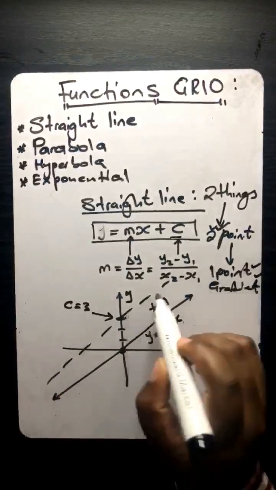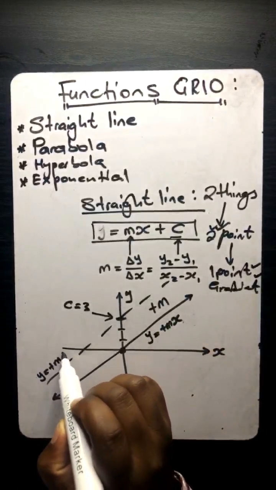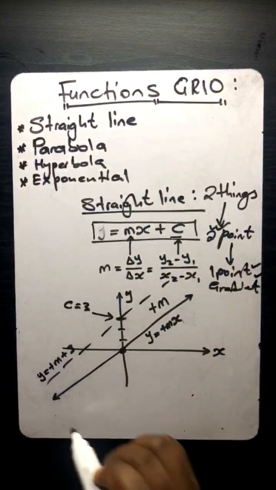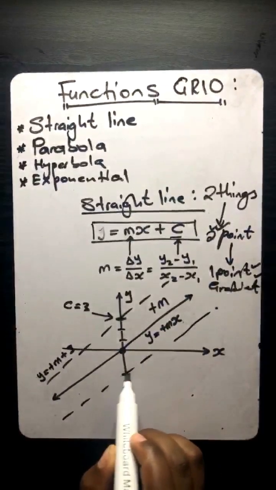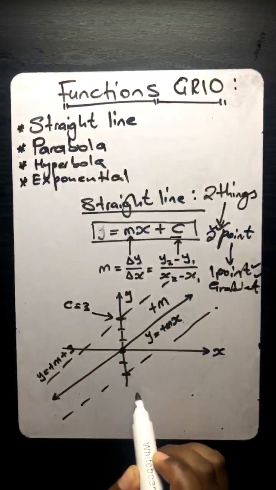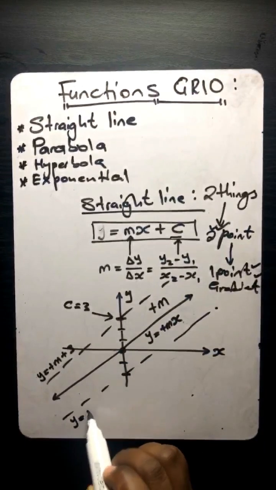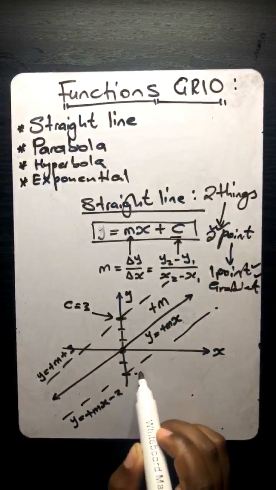So for this line, y equals positive gradient x plus 3. If your line passes below the origin, it is going to have a negative value, which could be -1, -2. So we have y equals positive gradient x and then a negative value, which could be -2.